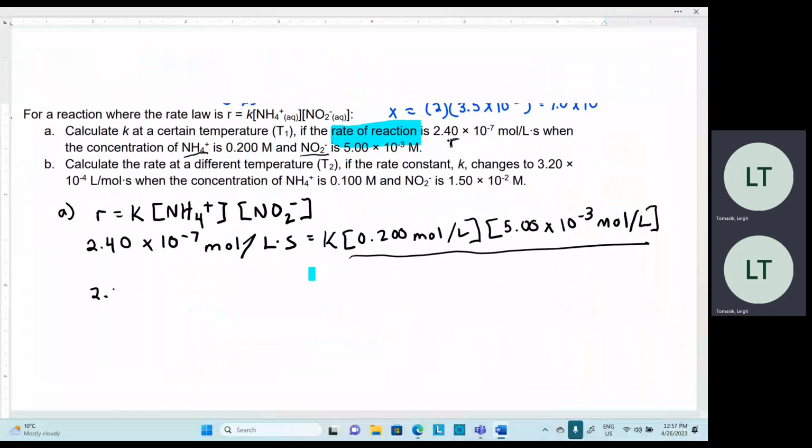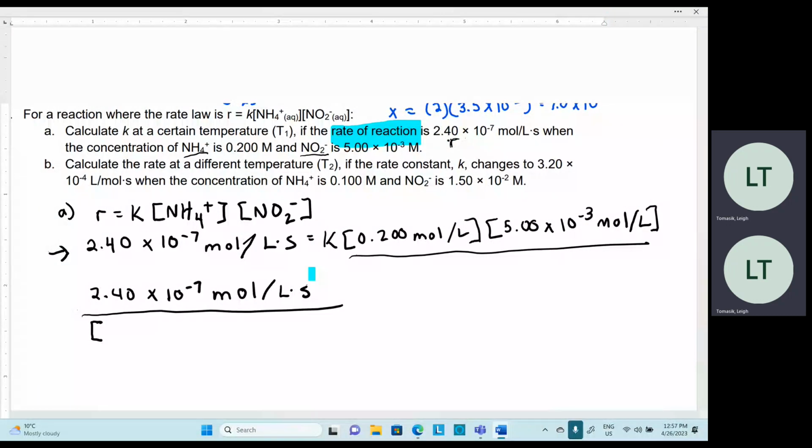So 2.40 times 10 to the negative 7 mole per liter second, divided by. And if you're pretty good at math and you wish to bypass the second step here, you can.